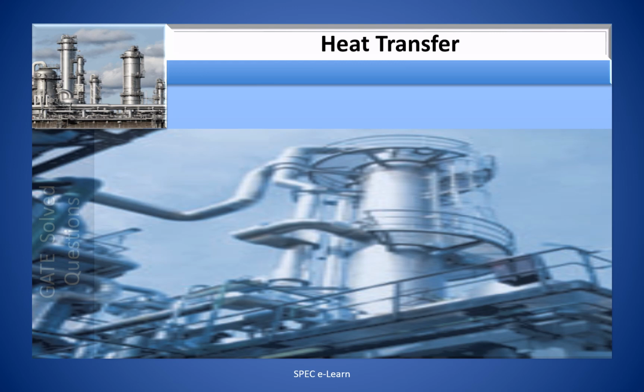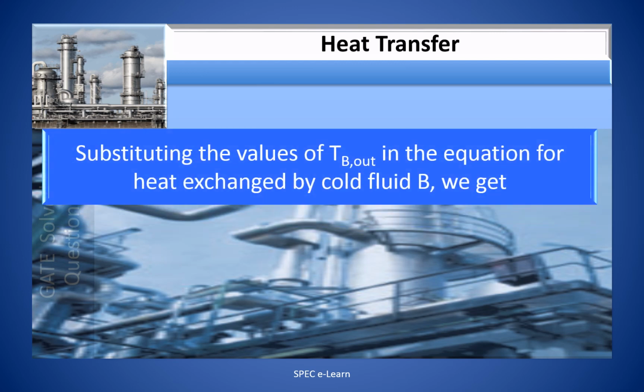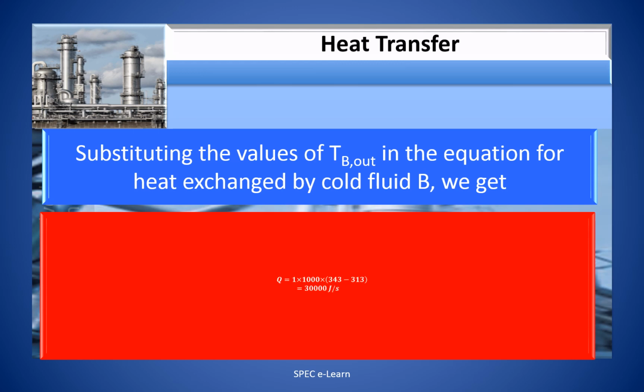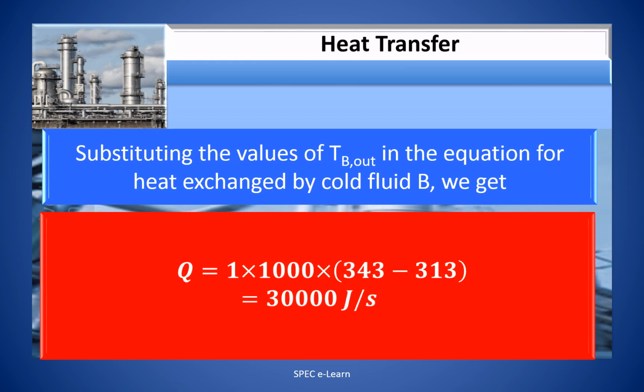Substituting the value of TB out in the equation for the heat exchanged by the cold fluid, we get Q is equal to 1 times 1000 times (343 minus 313), which works out to 30,000 joules per second.